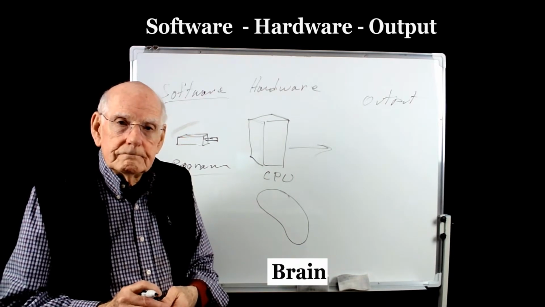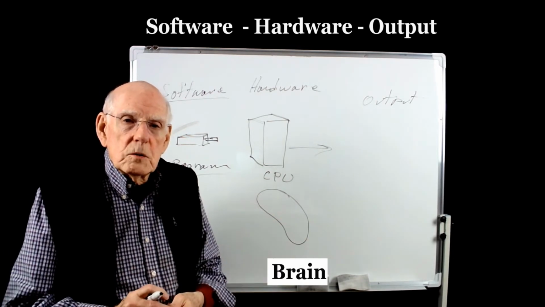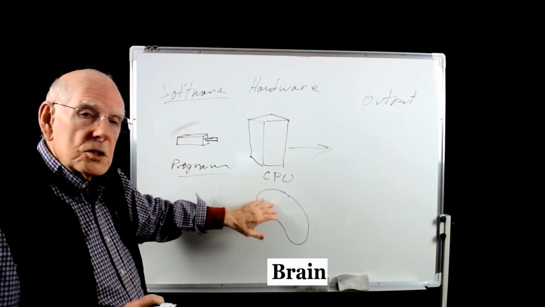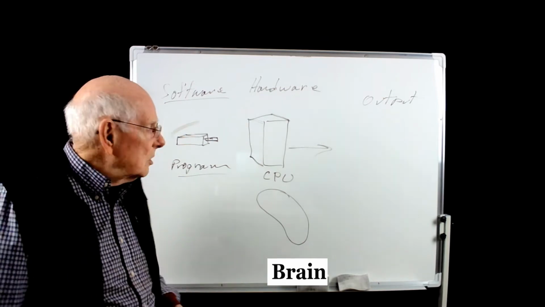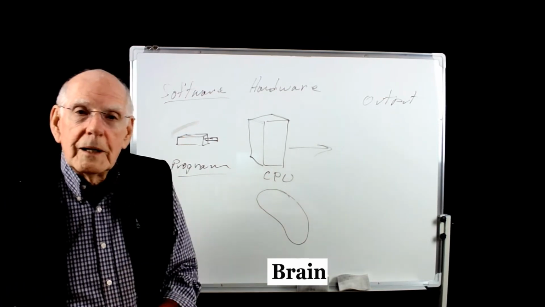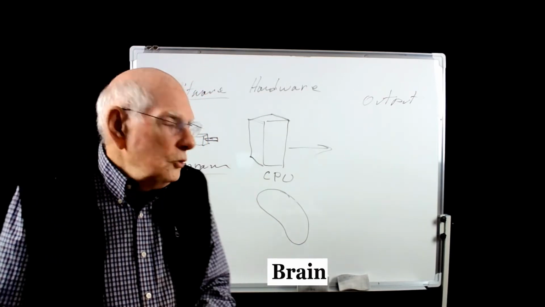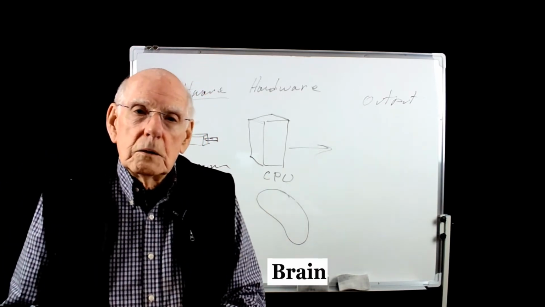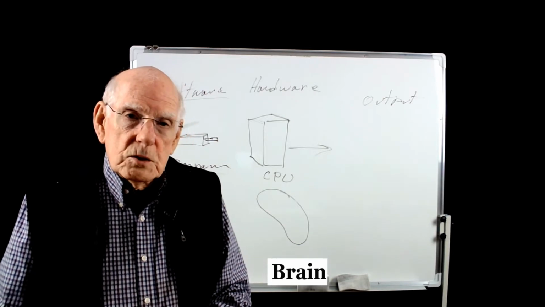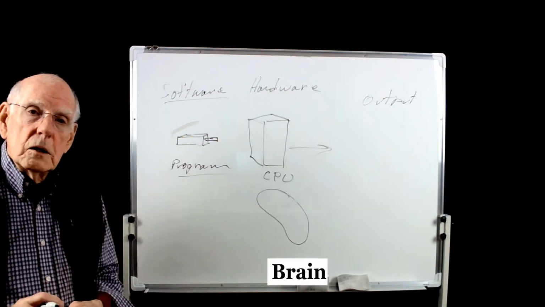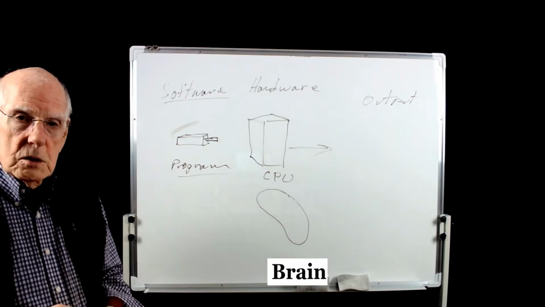I'm not going to be concerned about that right now. All I'm going to recognize is that it processes information. As a matter of fact, the brain is an object. The neurons that are in the brain are objects. And while they do fantastic things, they are just objects.